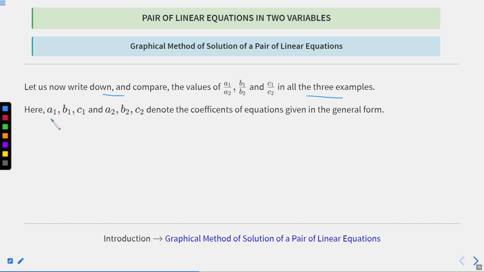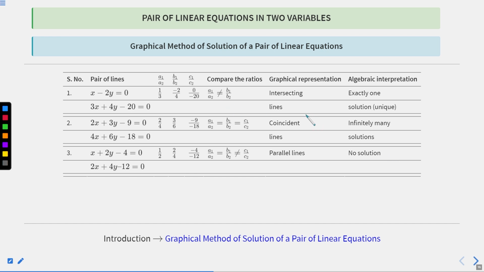Here A1, B1, C1 and A2, B2, C2 denote the coefficients of equations given in the general form. So this is the general form of a pair of linear equations.